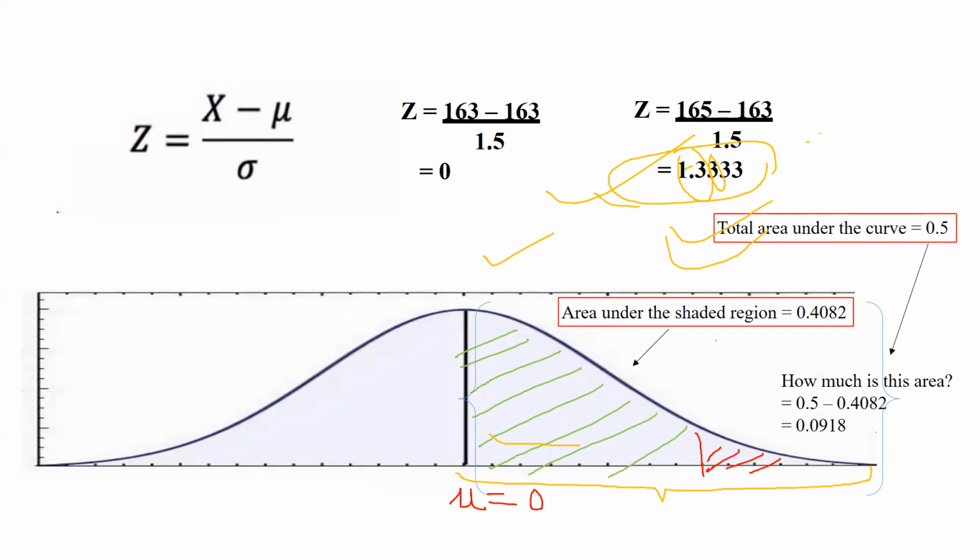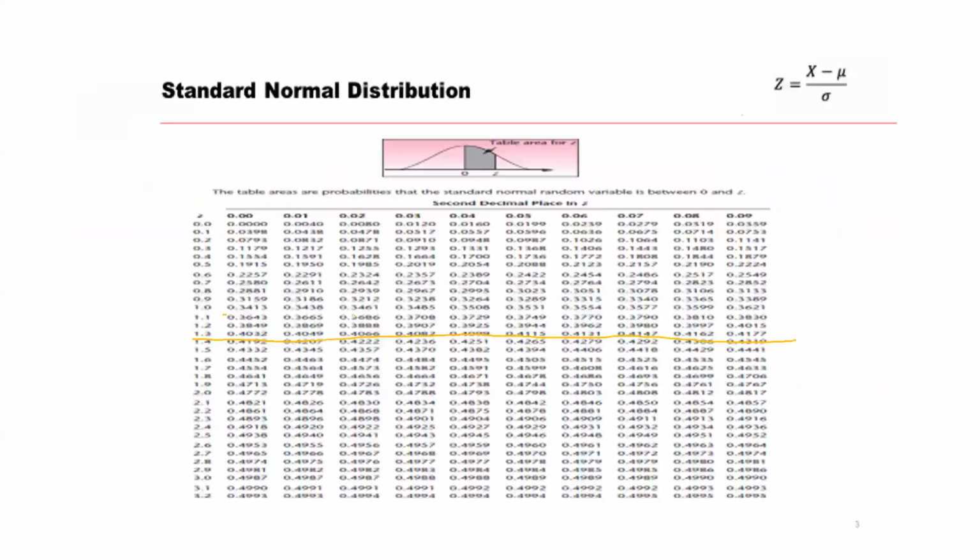Vertically we will see 0.03 and horizontally we will see 1.3. So 1.3 and 0.03, this is the value, and this is my table value.